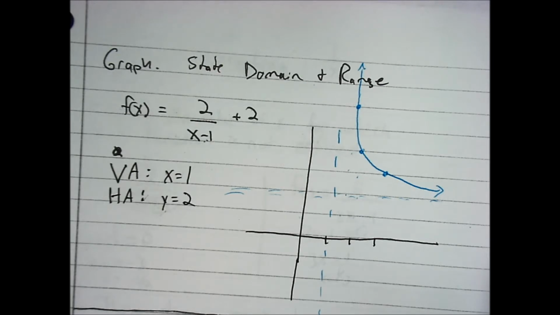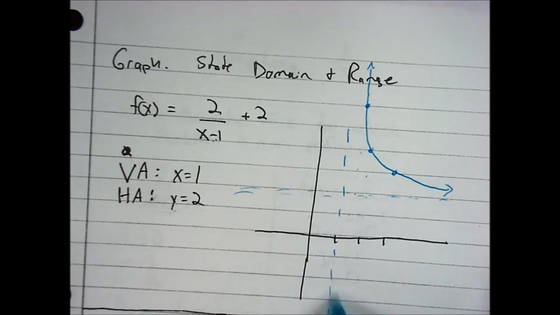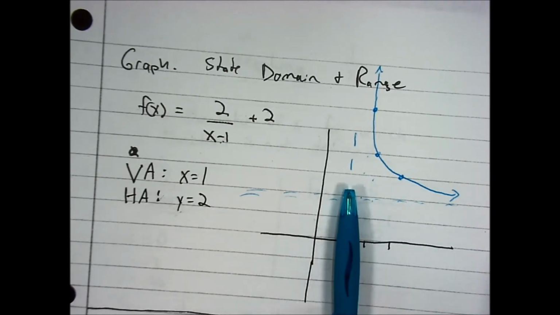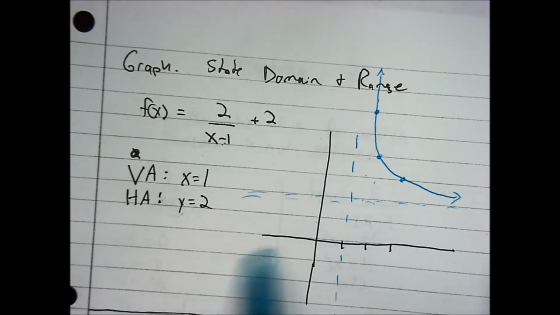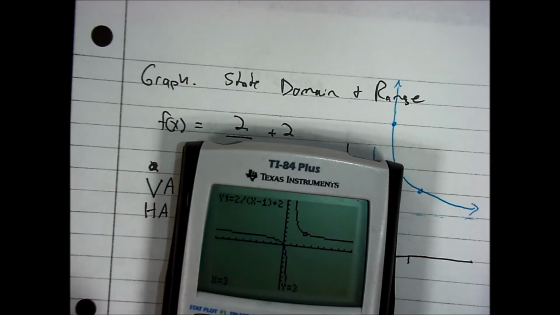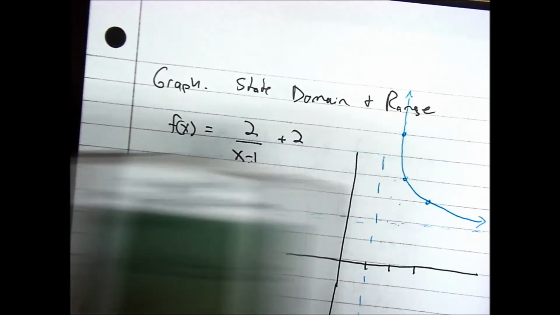I can do the same for my bottom left. Remember, this was 1. I picked 1.5 and it pushed me over here. So if I go to the left of 1, I should get the points down here. If I do 0.5 or 0, let's try 0.5. 0.5, comma, negative 2.